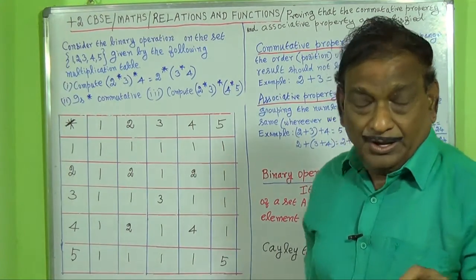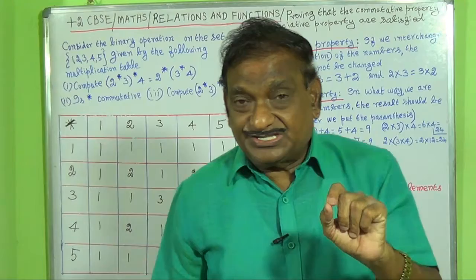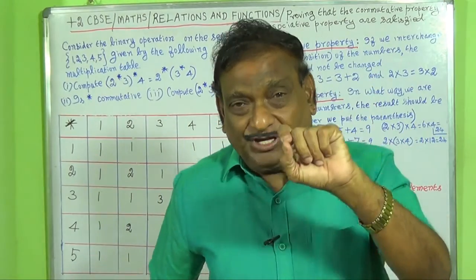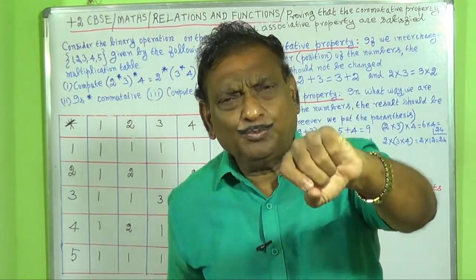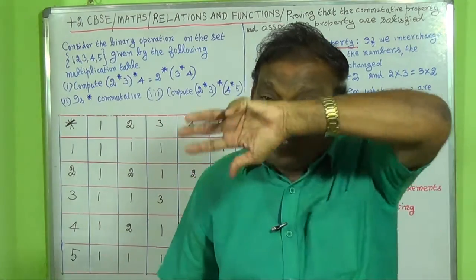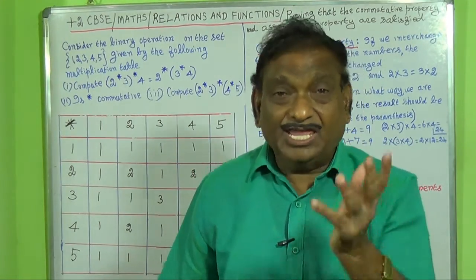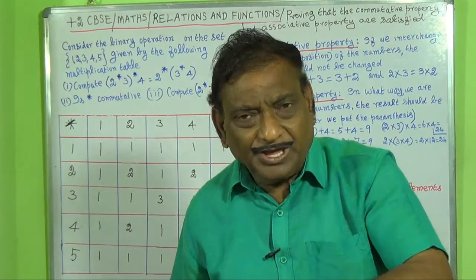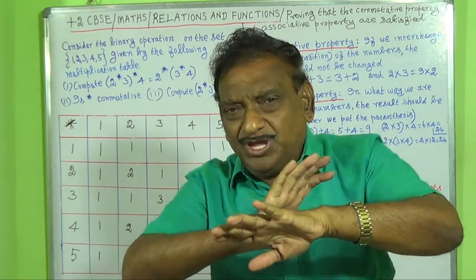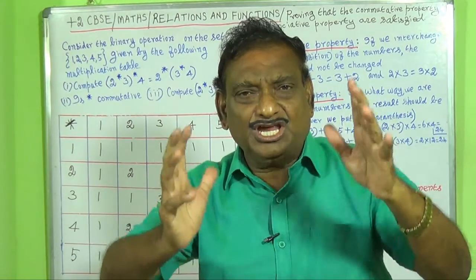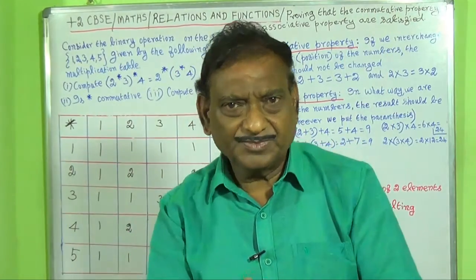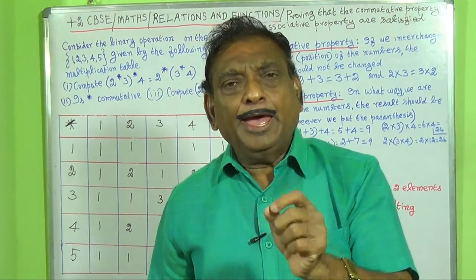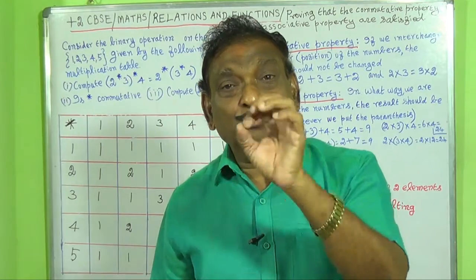Then we are going to discuss the associative property. What is the associative property? In whatever way the given numbers are grouped, the result should not be changed. That is, the result should be the same, wherever we put the parenthesis, that is, the bracket.